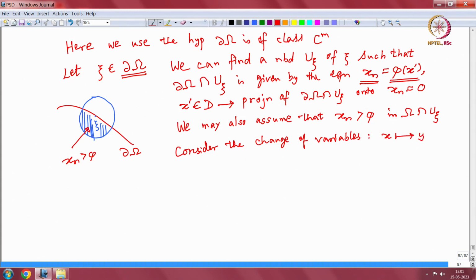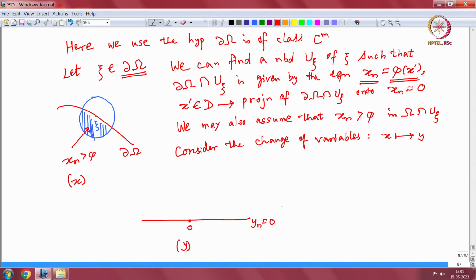So, again let me draw the picture. This is the x space, x variables. So, I am just writing in y variables. So, this is 0, this is yn equal to 0.